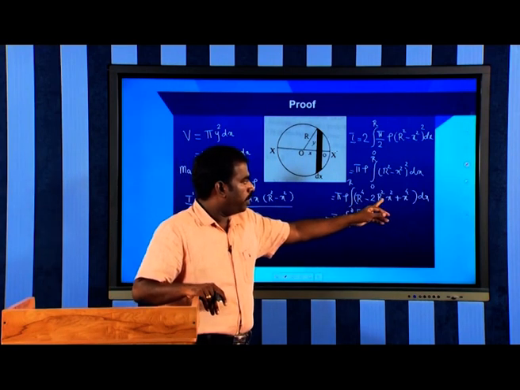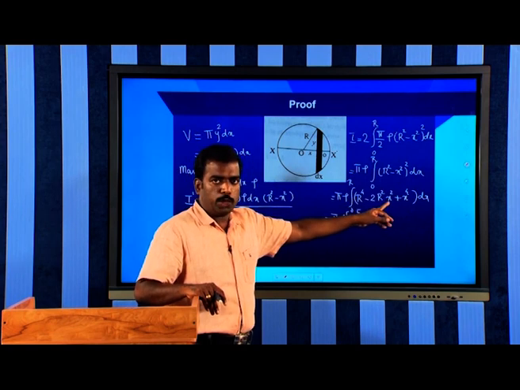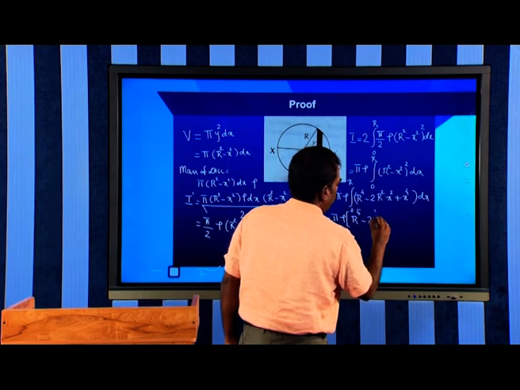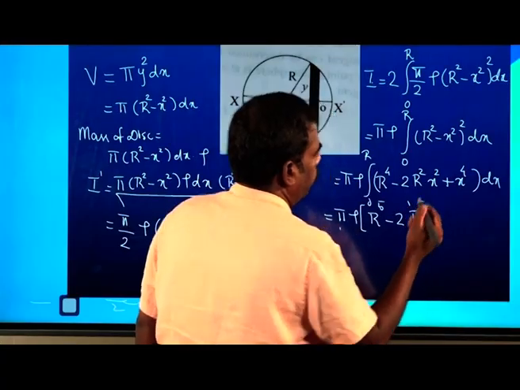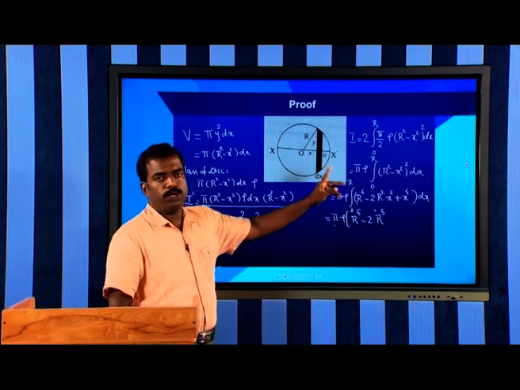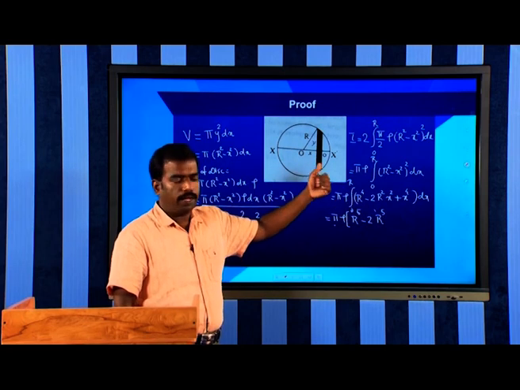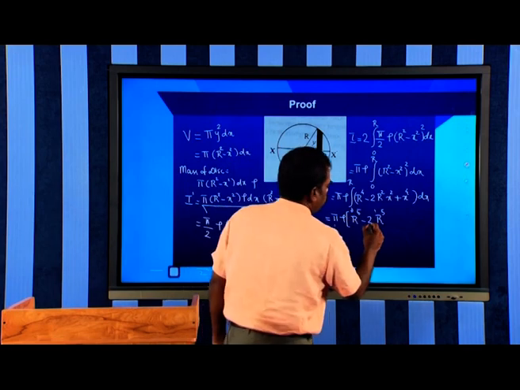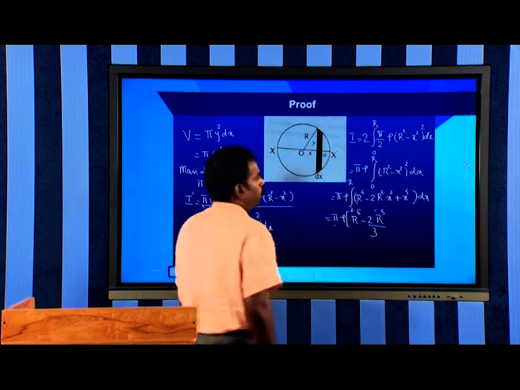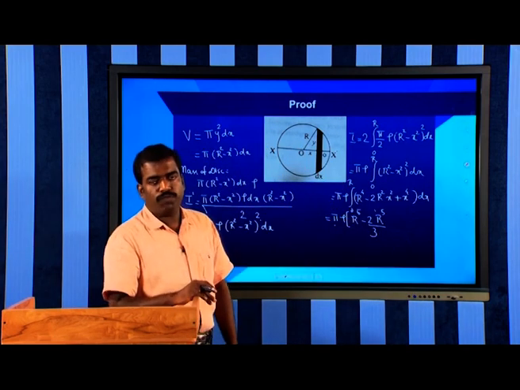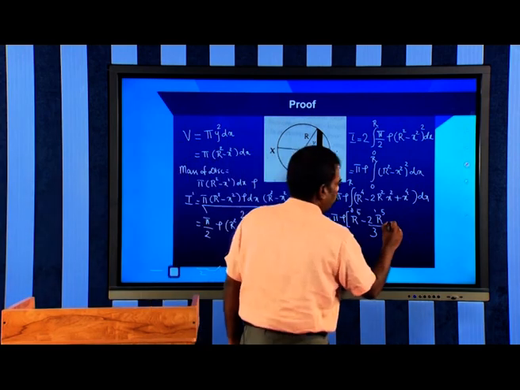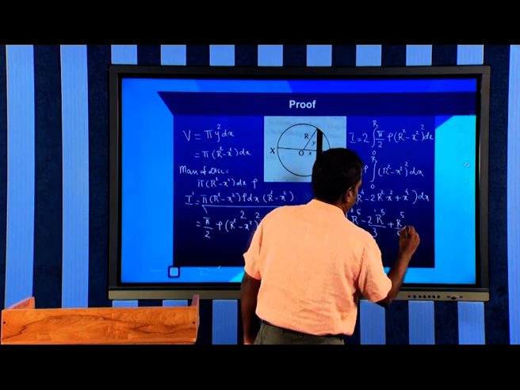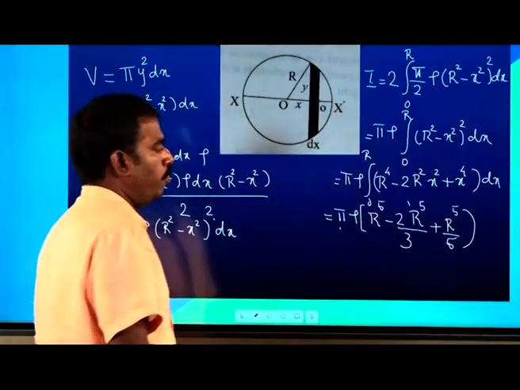So r square into r cube by 3 gives 2 r raised to 5 by 3, plus x raised to 5 by 5, apply the limit, r raised to 5 by 5.